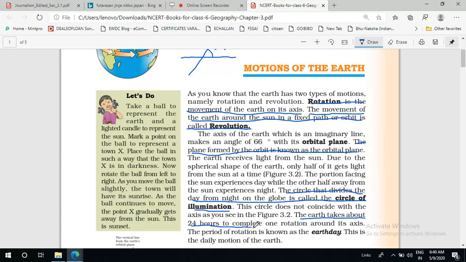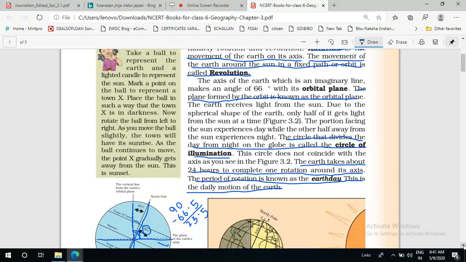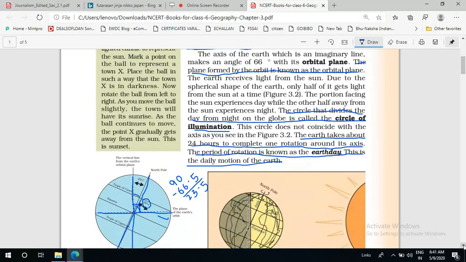That is why there are 24 hours in a day. Okay, so the earth takes about 24 hours to complete one rotation around its axis. The period of rotation is known as the earth day. Okay, this is the daily motion of the earth. So, this is about rotation.